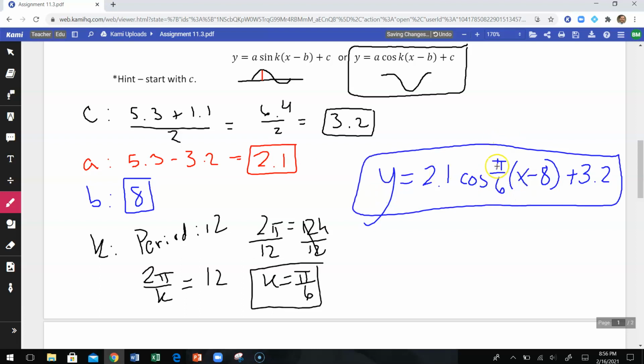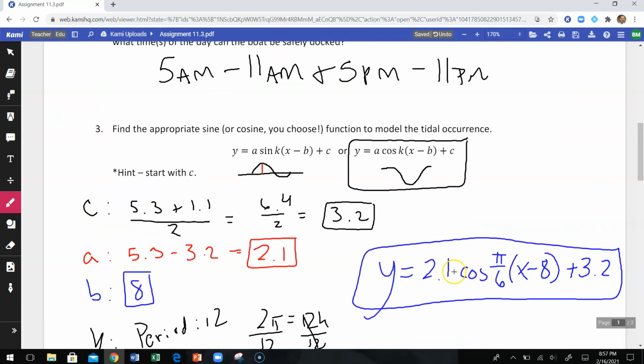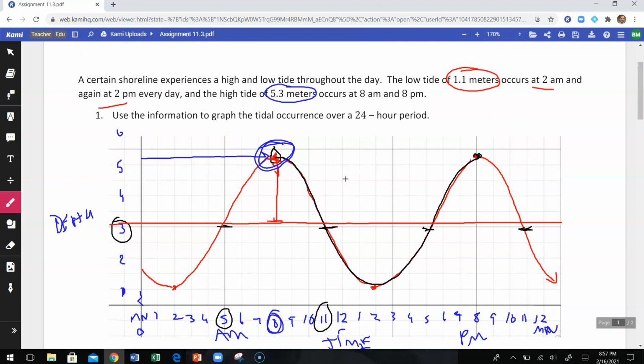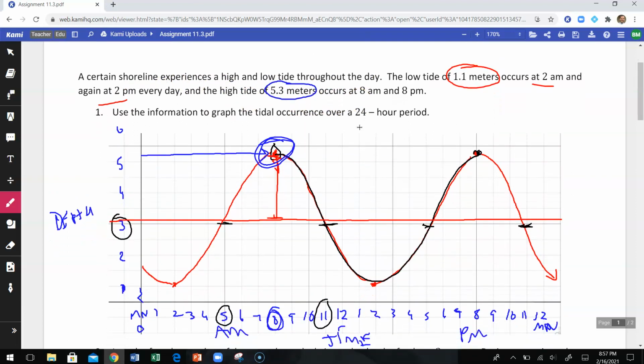I've got decimals, I've got a pi over 6, but what we have here is the equation of this curve, and I could use this if I want to know what the depth of the water is at 7 a.m., or at any hour. So that is the equation of our cosine curve that represents this periodic model for the high tide and low tide of a certain shoreline.